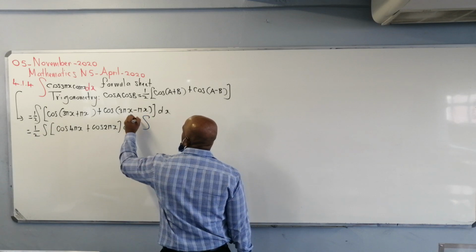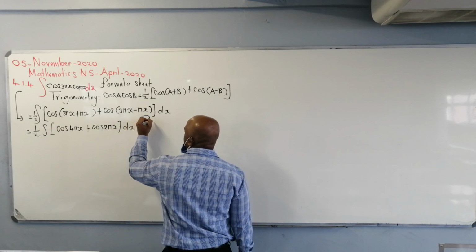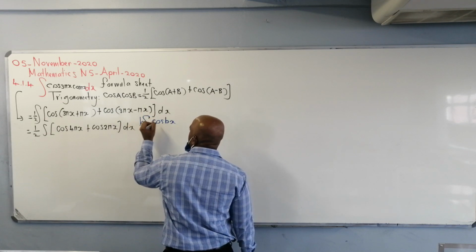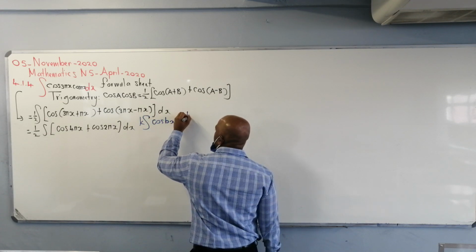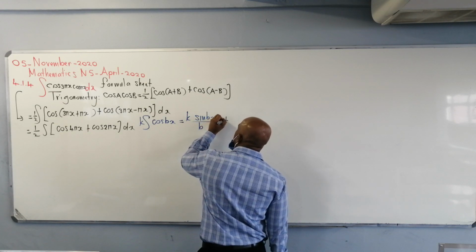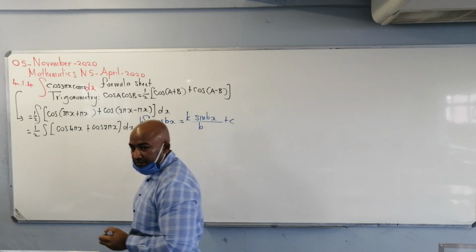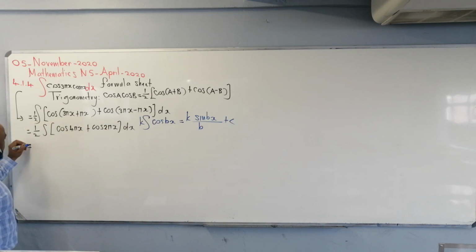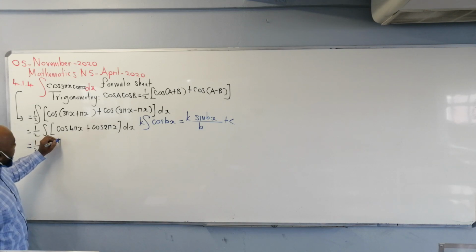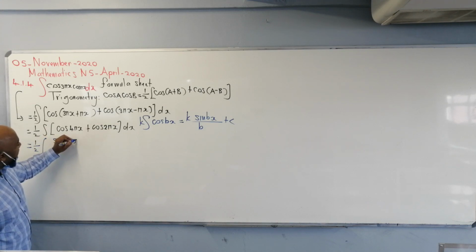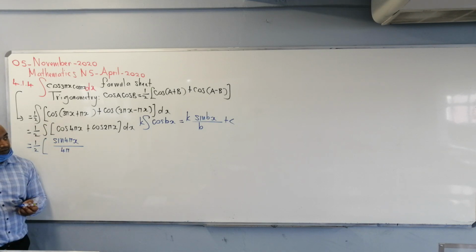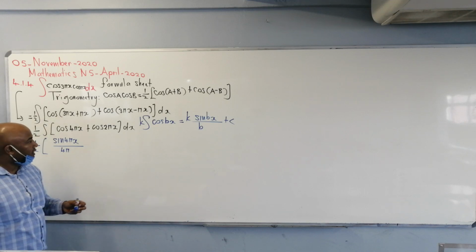Okay, so when you're integrating something of this nature, where it's just cos of bx, when you integrate cos, that's going to be positive sine bx all over b plus c. So this is equal to 1 over 2, integrate cos, that will be sine 4πx all divided by the coefficient of x, which is 4π.